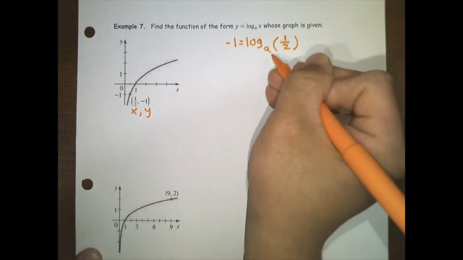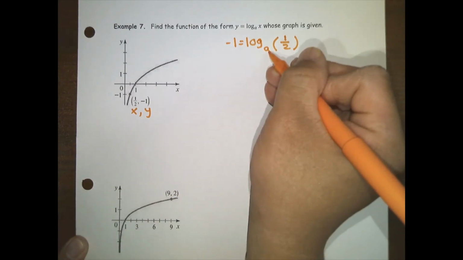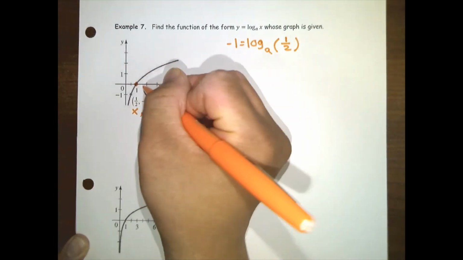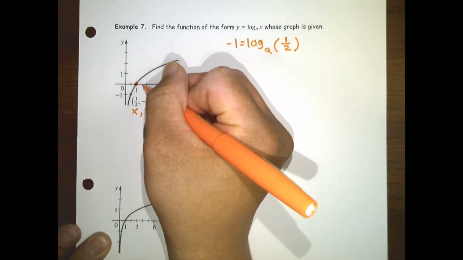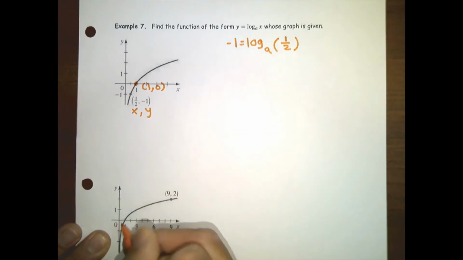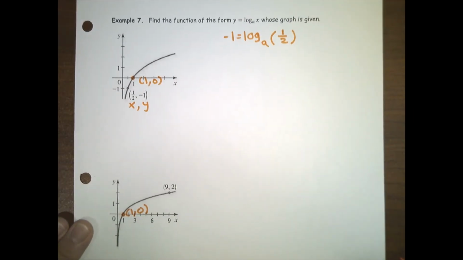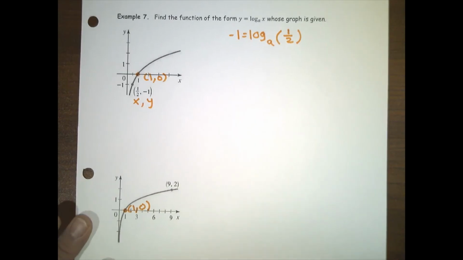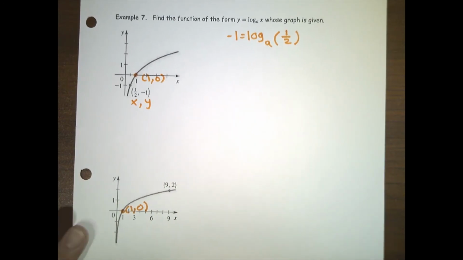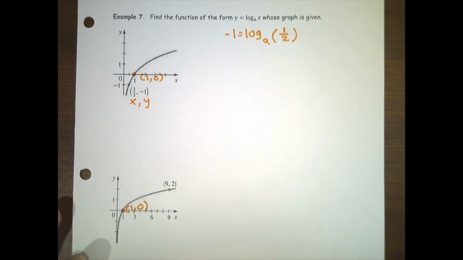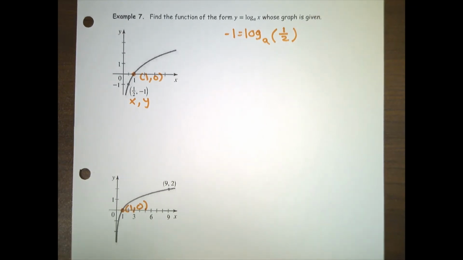By the way, all of these have a point going through (1, 0). Just remember, if you remember what I talked about last week, for the exponential functions, if the functions don't have a point going through (0, 1), then you would need to have two equations. The same thing would happen here.